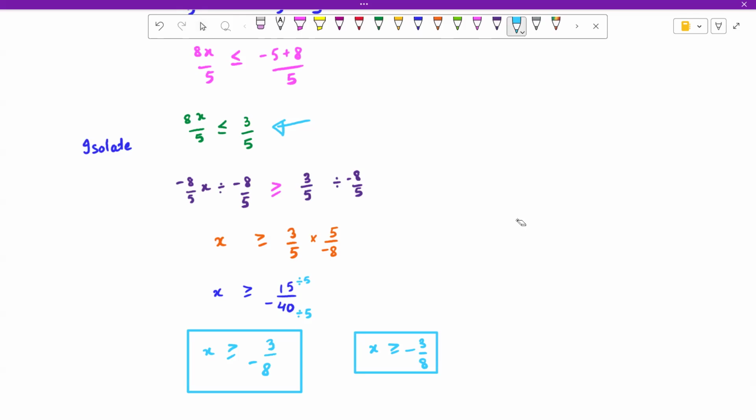We are not dividing by a negative number, so the symbol is not changing. Here we divide by 8 over 5, so the less than or equal to symbol stays. Simply, we get 3 over 8, less than or equal to.